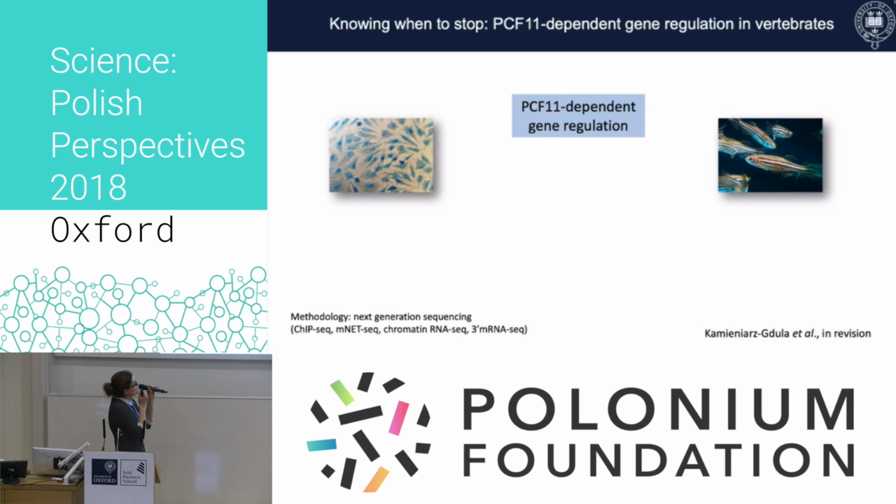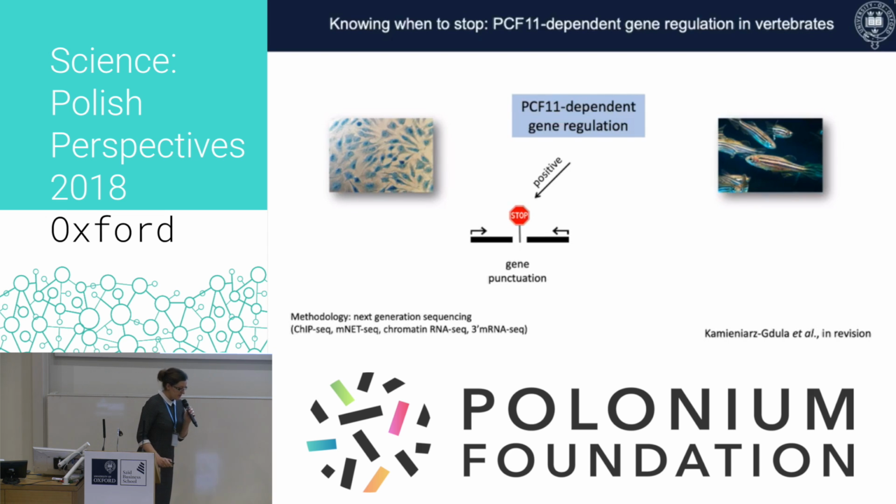So in this slide, I'm summarizing what we have found, which is that in vertebrates PCF11 preferentially binds and acts on genes that have a close-by neighbor. And this is very important to punctuate those genes and prevent the transcription from running from one gene into another, which interferes with the reading of this neighboring gene.